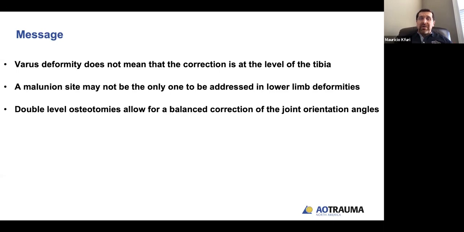But I always tell my patients, and I'm very transparent in this regard, that we may be off by 5 degrees eventually, because sometimes things can happen during those procedures, especially with closing wedge, that you may be a little off. I don't recall cases where I had to come back to redo because it was not acceptable, but I had cases where I was not completely spot on, and the patients understood because I told them ahead of time.